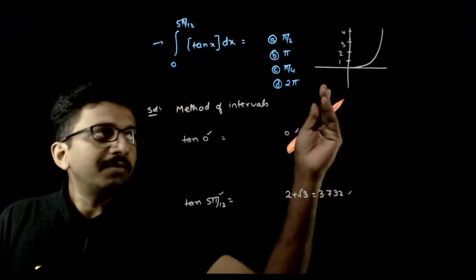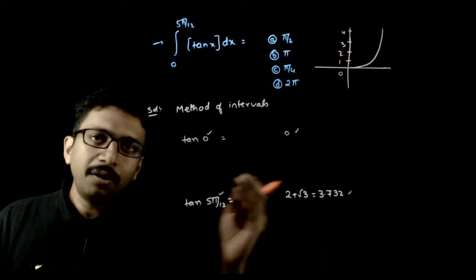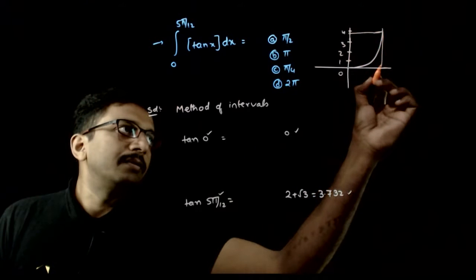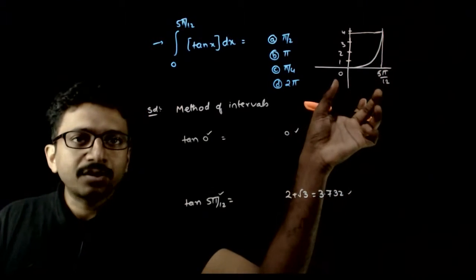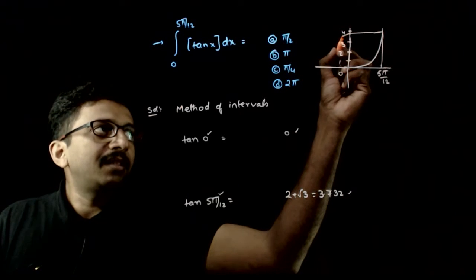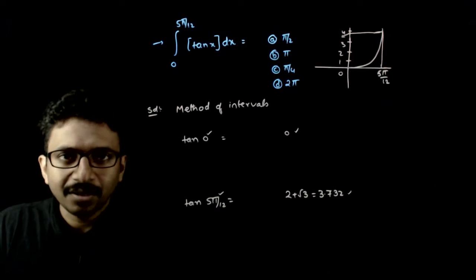As x goes from 0 to 5π/12, tan x goes from 0 to something like 3.732, or exactly 2 plus root 3.